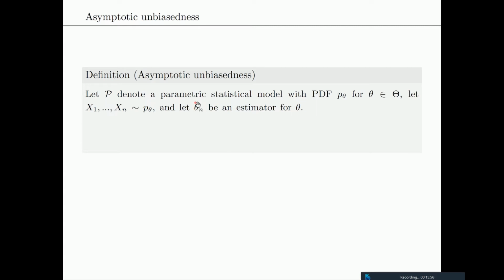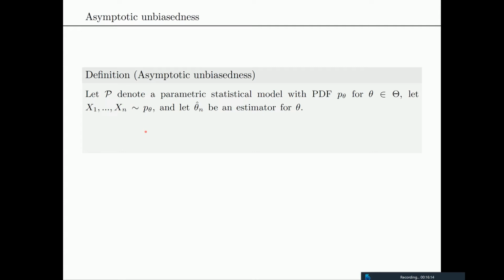Again, keep in mind that this theta hat n is an estimator for the true but unknown value of the parameter theta, and it's based on n data realizations or n random variables that lie behind your data realizations.